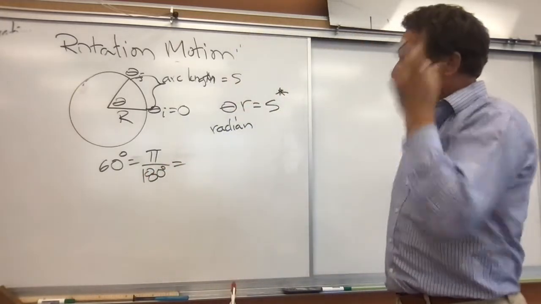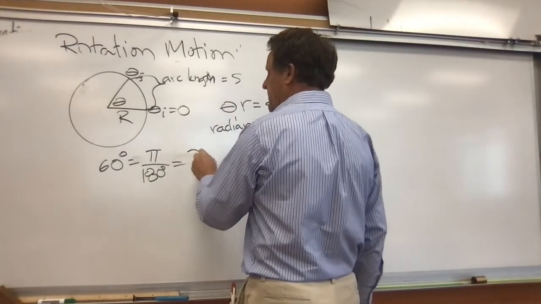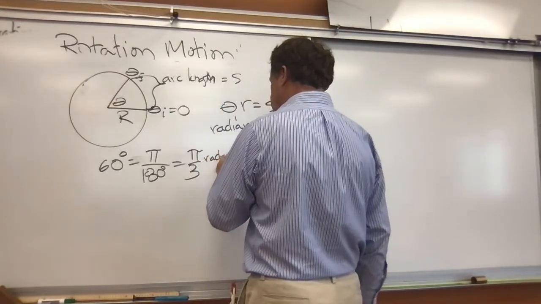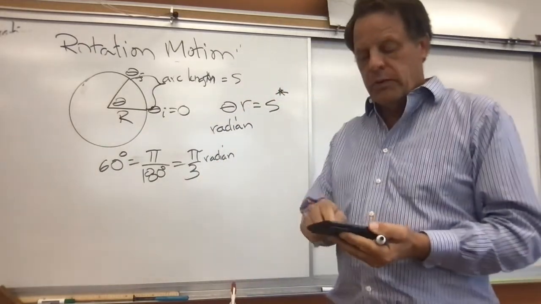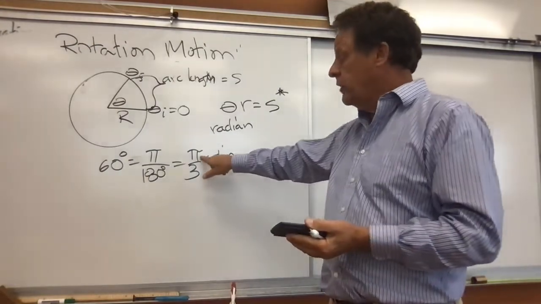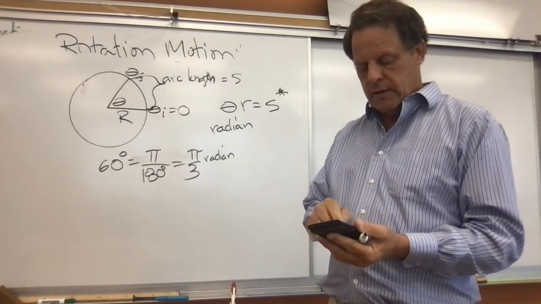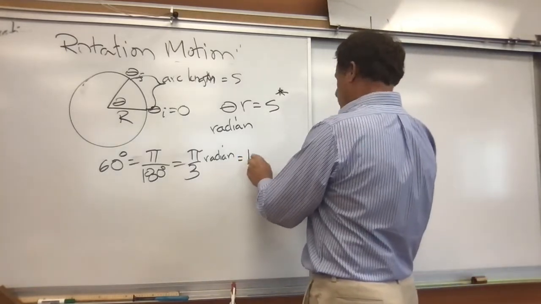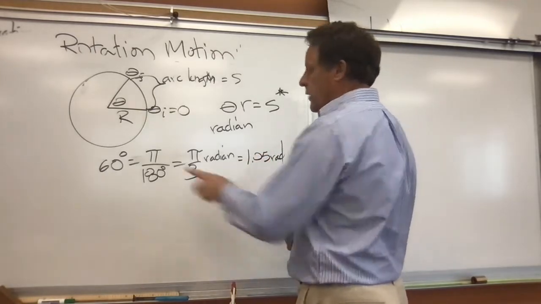This would be equal to pi over 3 radians. In physics, we do not want it in terms of pi, but we want a decimal, and this would be 1.05 radians for 60 degrees.